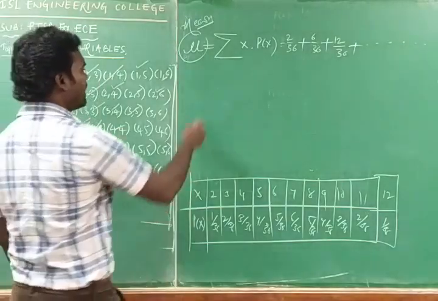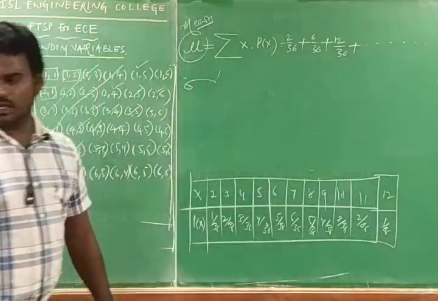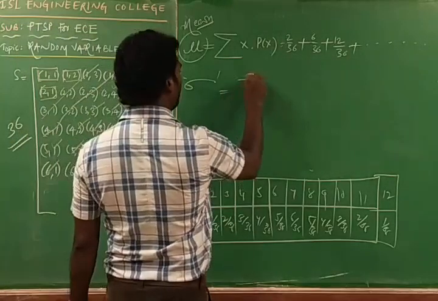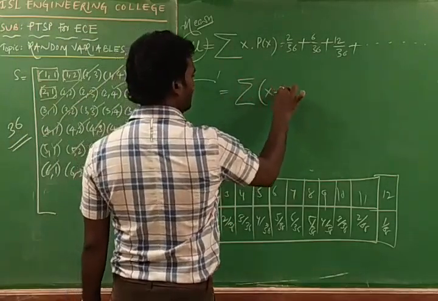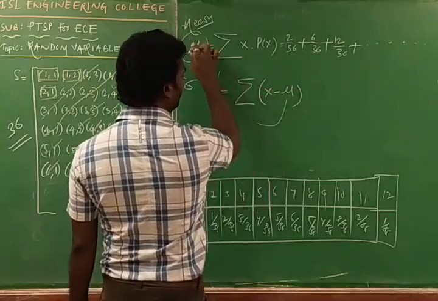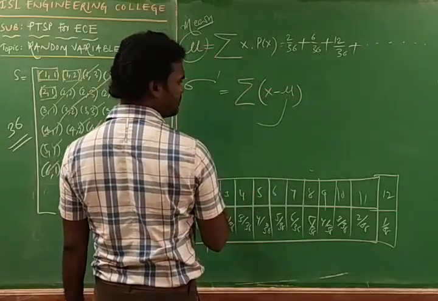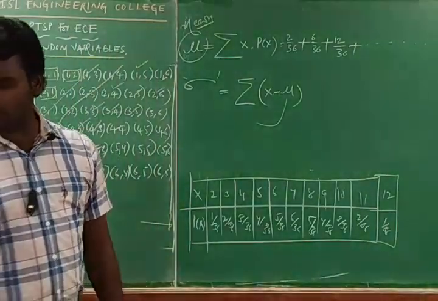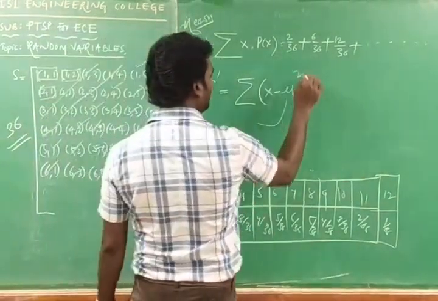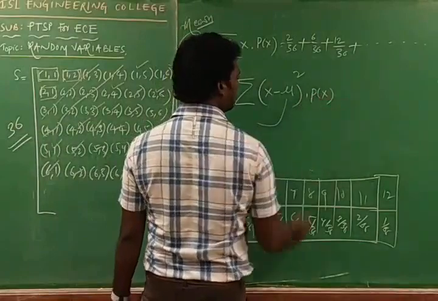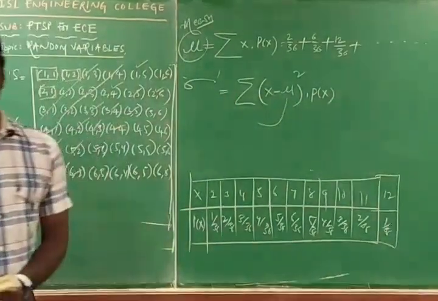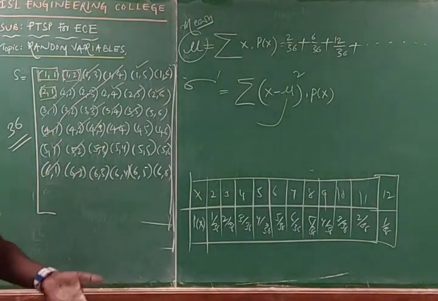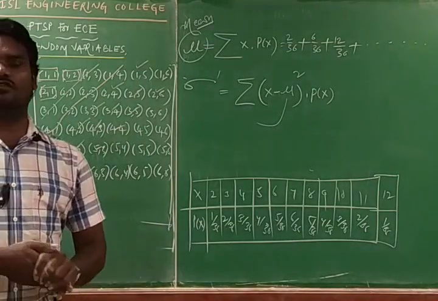Then variance is denoted with sigma squared, and it is the sum of x minus mu, where mu is the mean and x is the random variable, whole square, into p of x. If you substitute these values, you can get the mean as well as the variance.